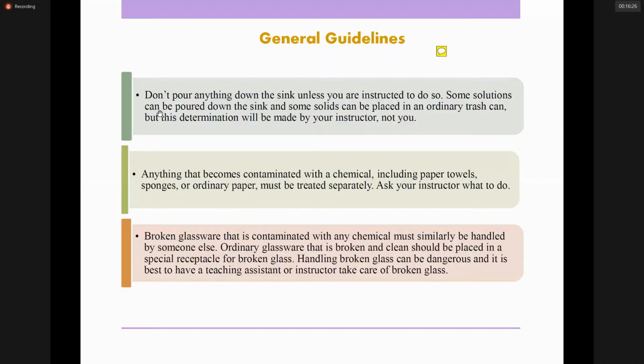Yes, who can read? Don't pour anything. I will read. Yes, Jude, Noura, yes, start.